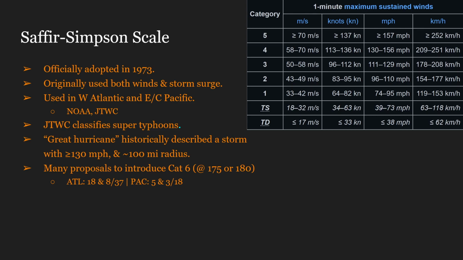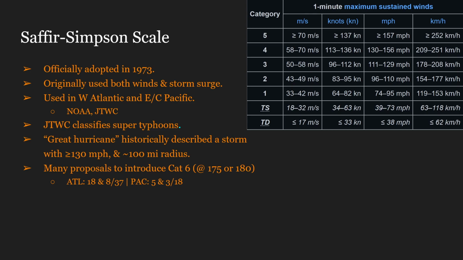I believe it was actually Mr. Saffir himself, the founding head of the National Hurricane Center, who said that if you have winds at or above, I think it was either 150 or 155 miles per hour for more than just 10 seconds, nearly any structure is going to be obliterated, except for pure concrete structures like a parking garage.